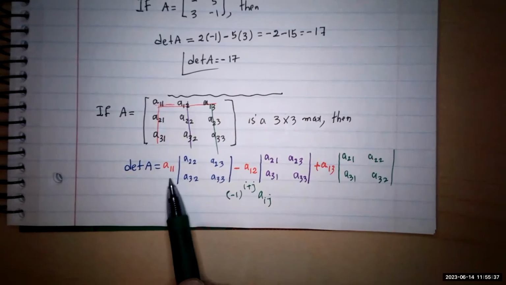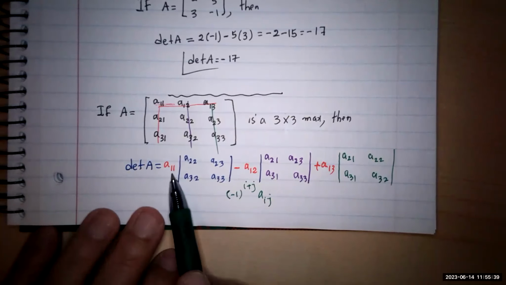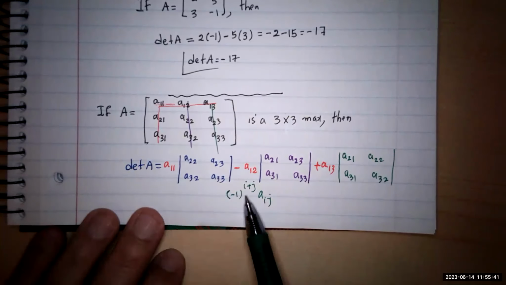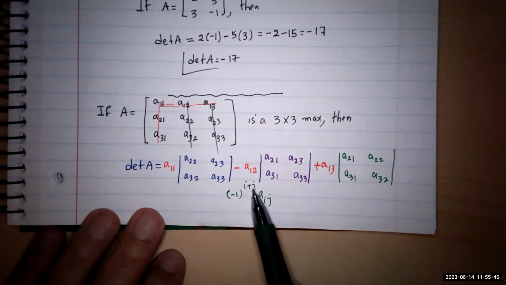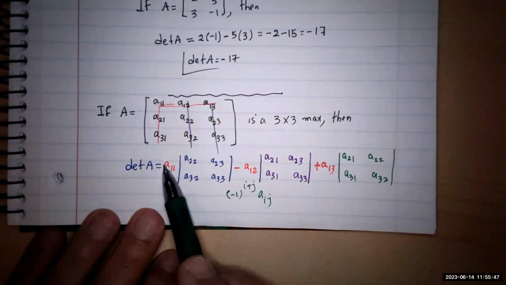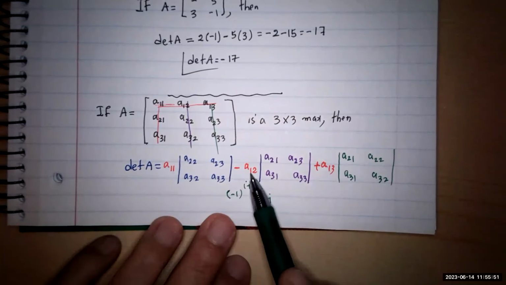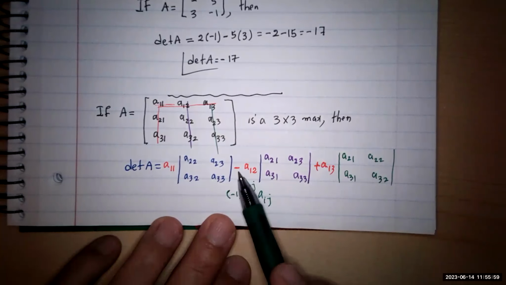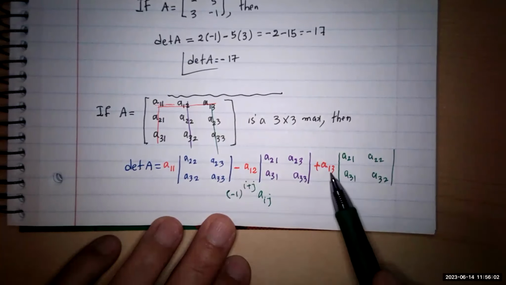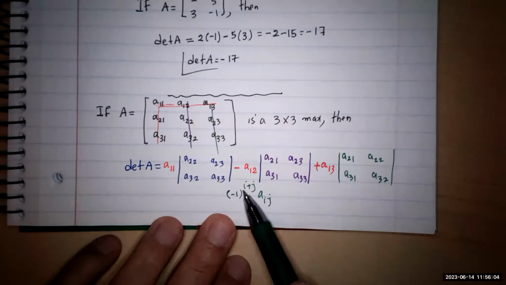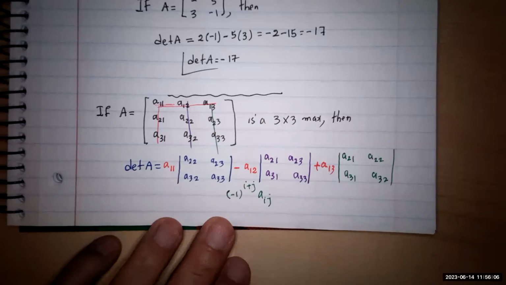In the first case, you get A11, so i is 1 and j is 1, giving (-1) squared, which is positive. In the second case, i is 1, j is 2, so 1 plus 2 is 3, and (-1) cubed is negative. In the third case, i is 1 and j is 3, 1 plus 3 is 4, so that's why you get a positive.